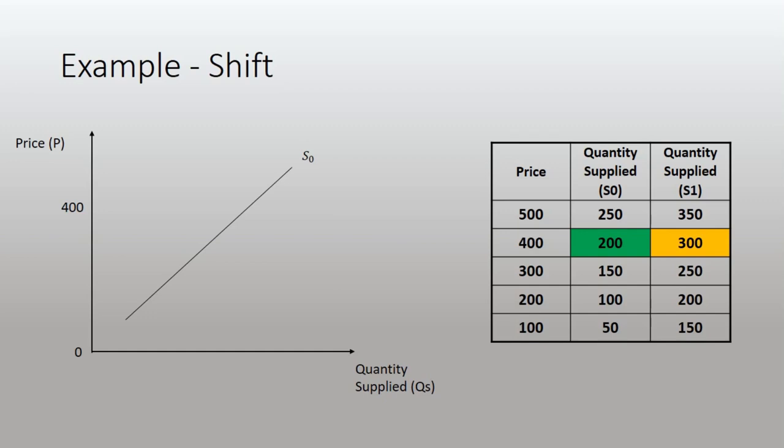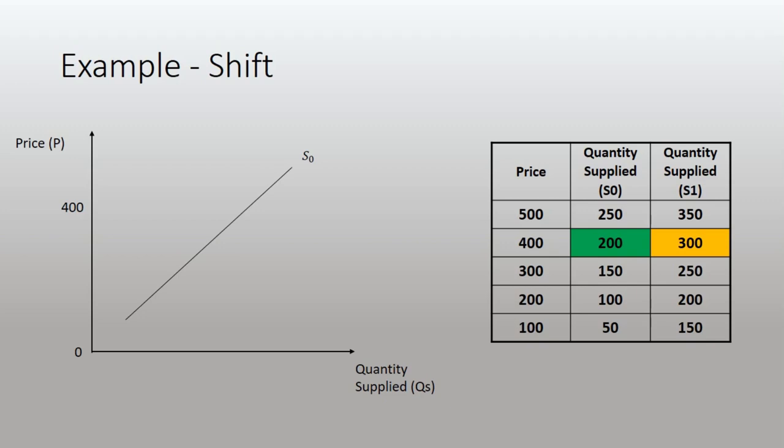Let's use the example of new production technology. We have now received new production technology, meaning we are able to produce more goods a lot more quickly. This would increase the supply of the good.